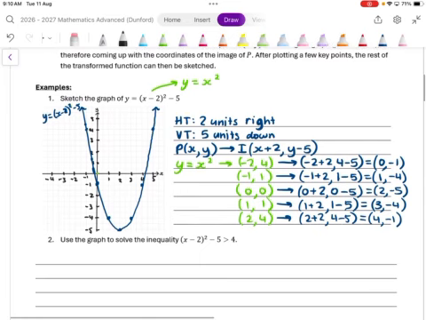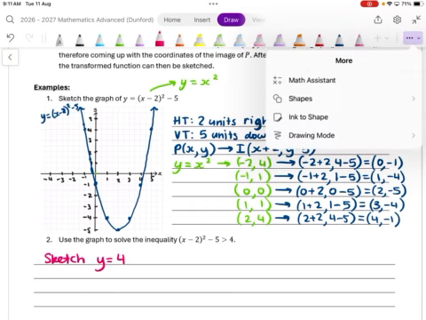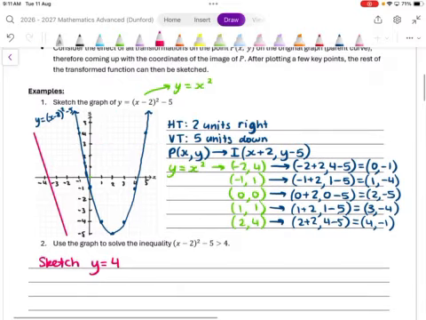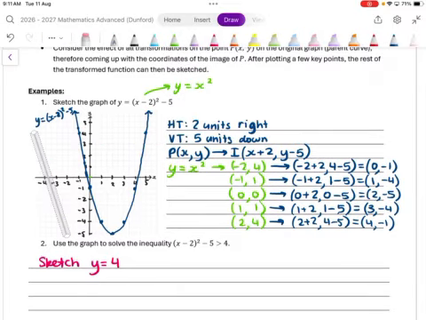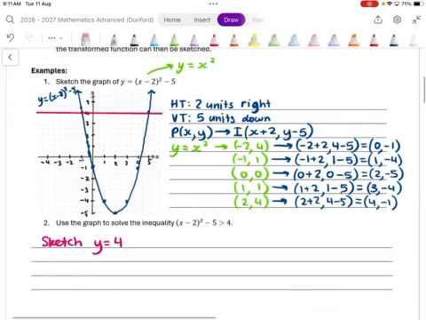So what we want to do is, we've already sketched the graph. So above we have sketched the graph of y equals (x minus 2) all squared minus 5. Now what we want to do is sketch the line y equals 4. So when we draw our straight line of y equals 4, what we want is for our graph to intersect at 2 points.